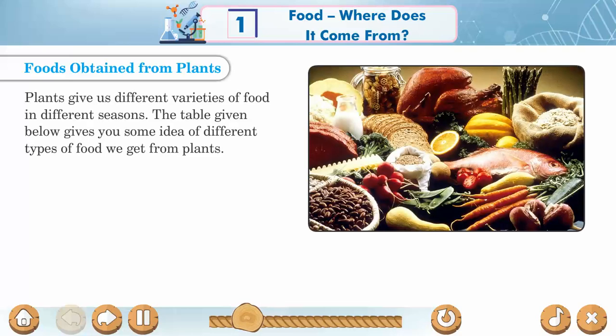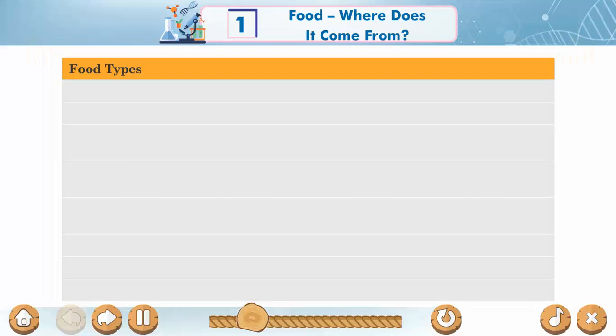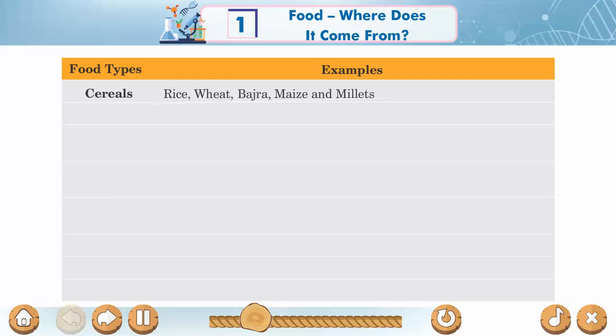Foods obtained from plants. Plants give us different varieties of food in different seasons. The table given below gives you some idea of different types of food we get from plants. Food types. Examples: cereals, rice, wheat, bajra, maize and millets.